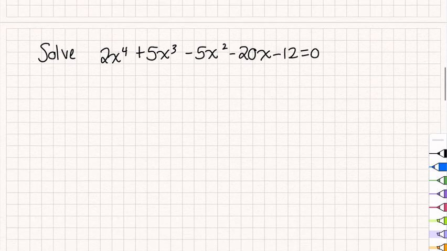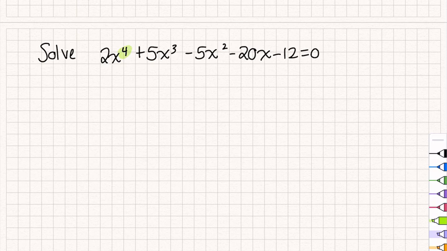So this time, what do you notice that is different in this equation? Well, we have the degree of 4 instead of the degree of 3 this time. So we're going to start off this question the same way. However, there is a bit more work to be done to break down this equation to find what the factors are.